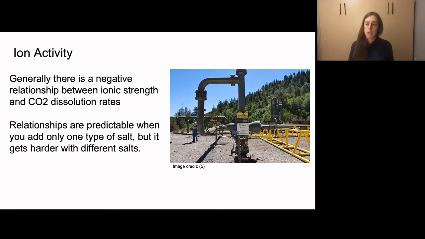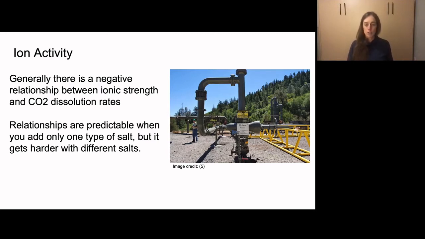We have lots of different ions, and so it gets much harder to predict when we have different salts. And some of the reasons why we care about ion activity: for one example, there's been a lot of research around taking CO2 and sequestering it by pumping it into deep groundwater. But we know frequently our deep groundwater is very briny, and those brines can be very different.